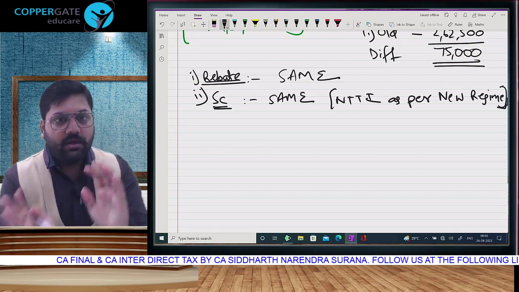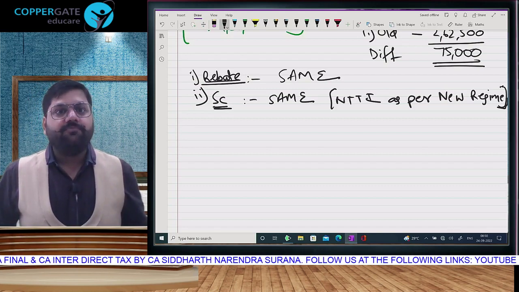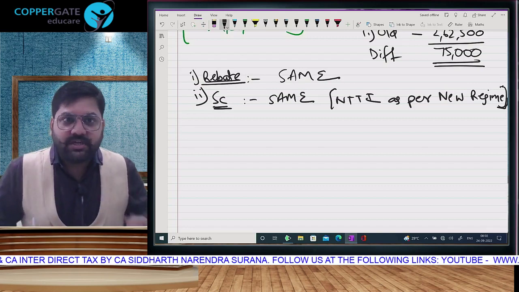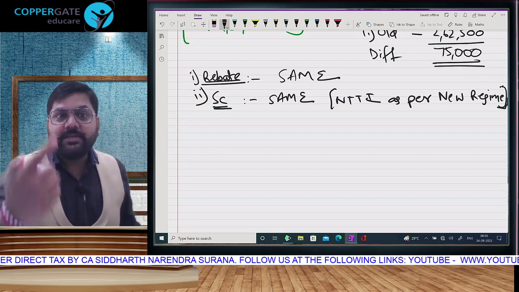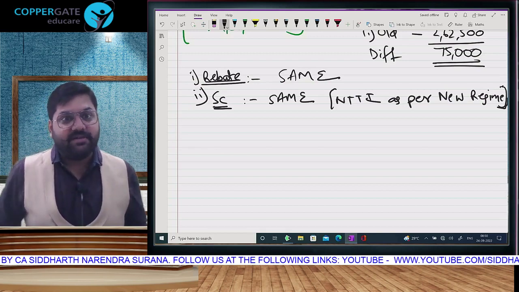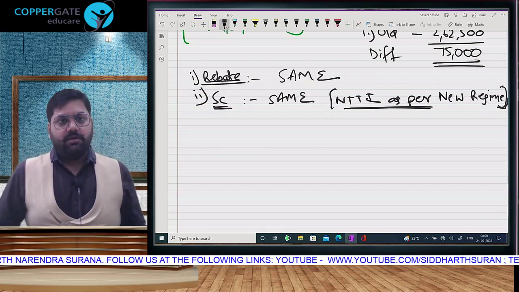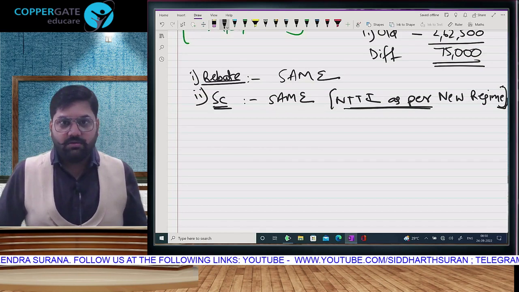So it is possible that income as per old regime is 40 lakhs, so no surcharge. But income as per new regime is 60 lakhs, so there will be 10% surcharge. Rate is same, but NTTI as per new regime. Is that understood?